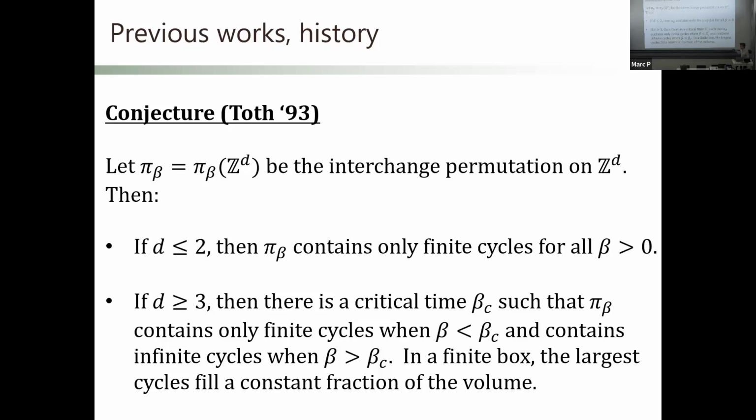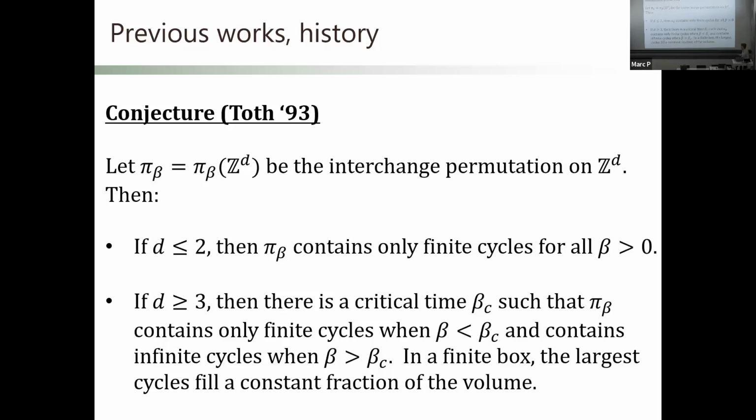So this is when the graph is infinite. You could also take a large finite box in dimension d, and in that case, the conjecture is that the largest cycle will fill a constant fraction of the volume of the box, at least when beta is greater than beta_c.